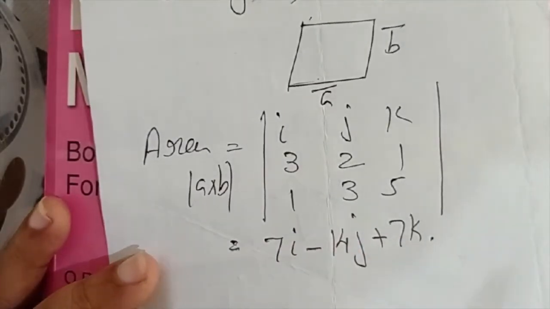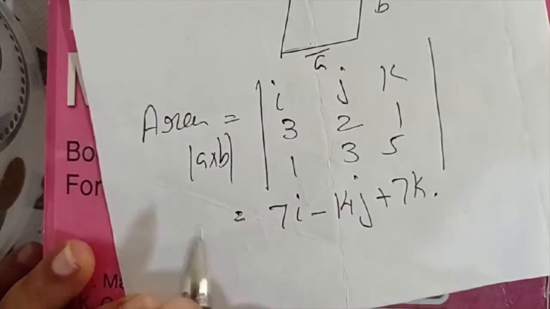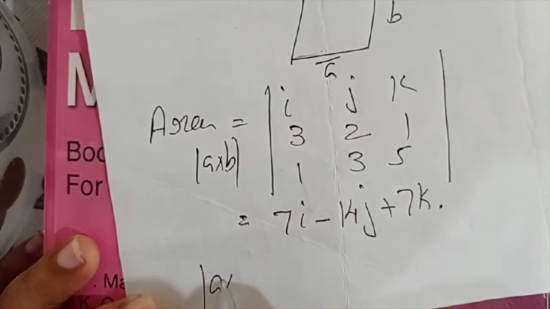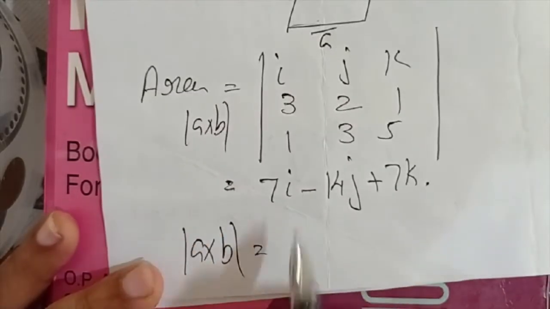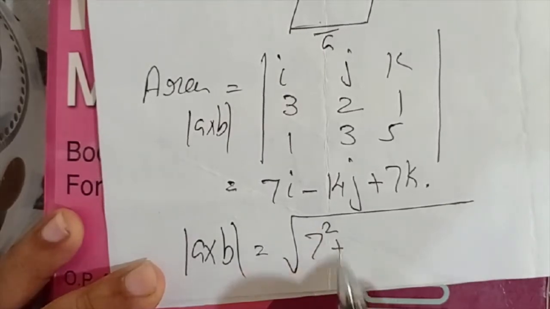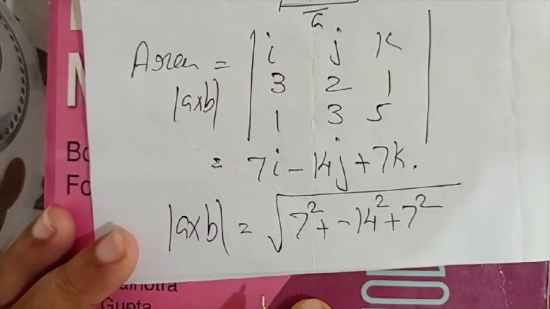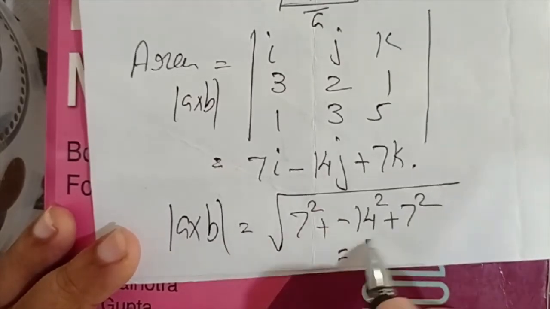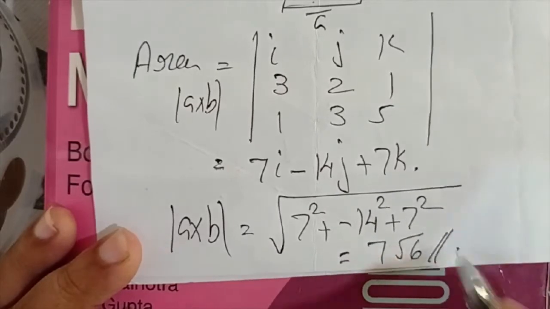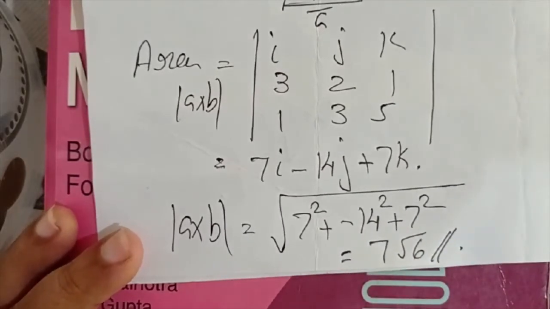Do the calculations. Then we need mod A cross B. How can you find the modulus of this vector? Root of 7 square plus minus 14 square plus 7 square. Answer is 7 root 6. Understand?